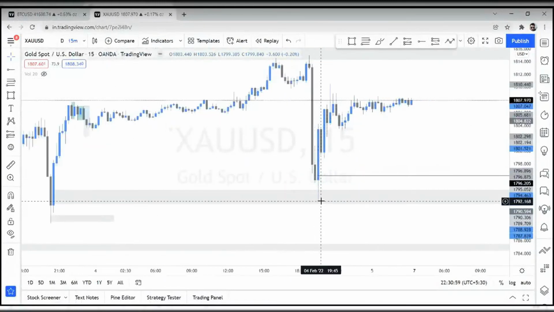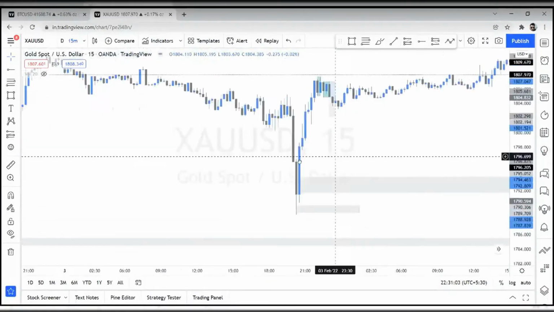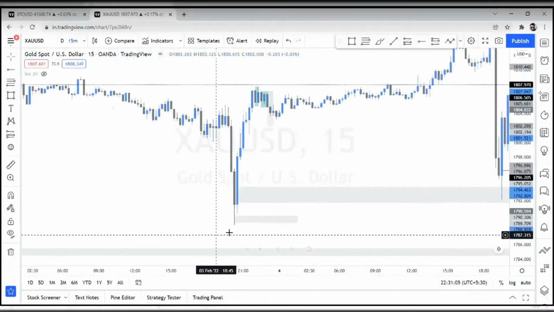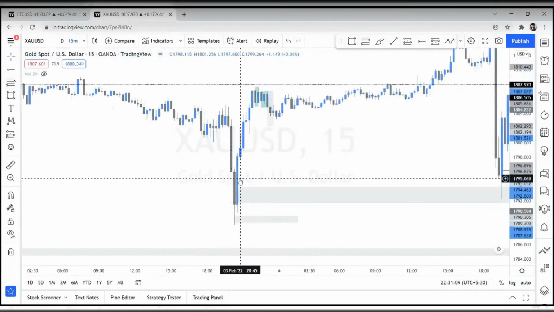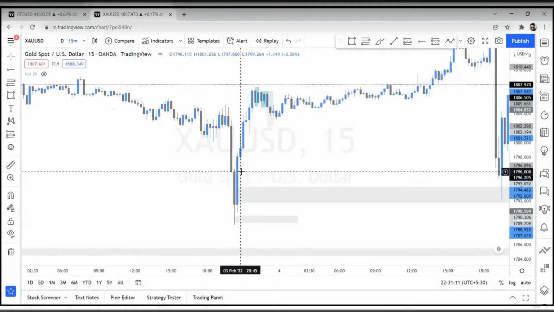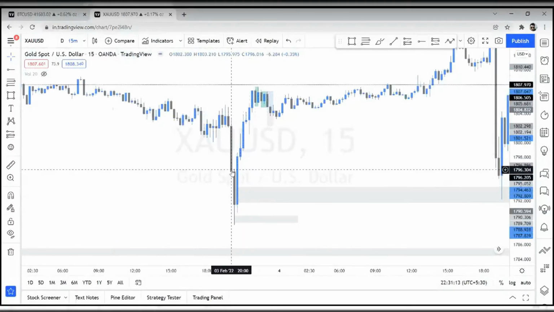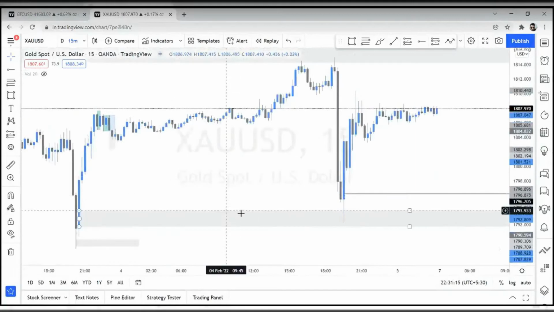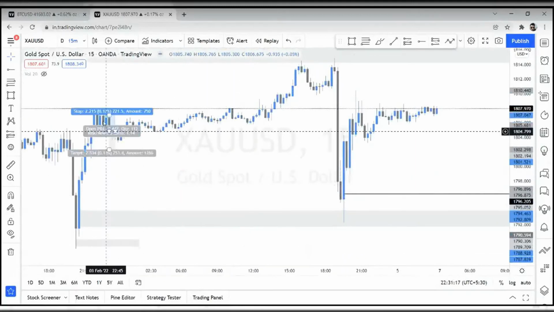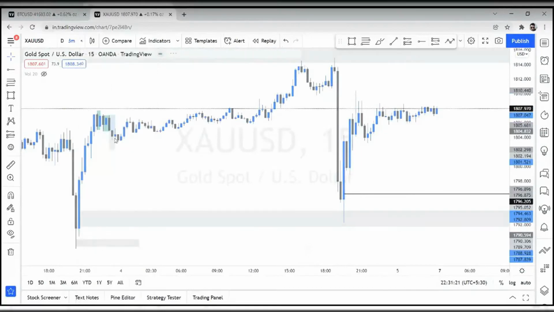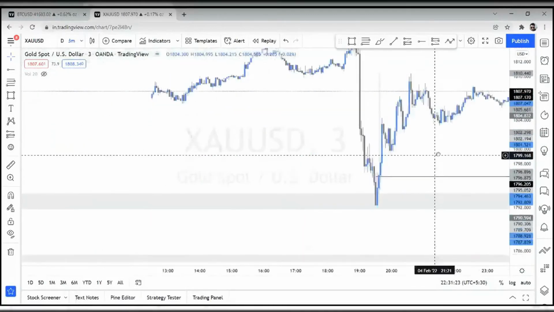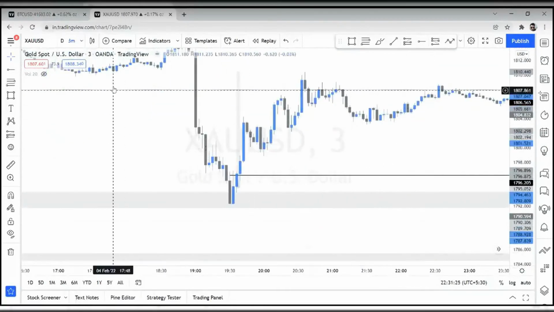Why did I look for this buy? From this zone, do you see any bullish order block? No. This is where refinement comes in. This is where you need to refine your zones to look for a buy or a sale. And this zone came from 3 minutes. Okay, not 3 minutes maybe.